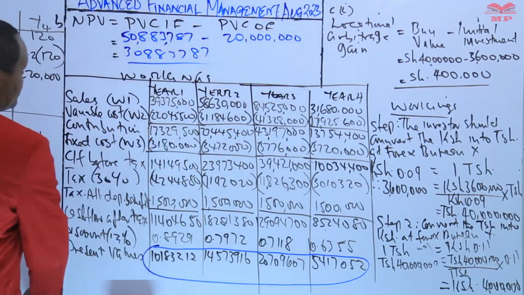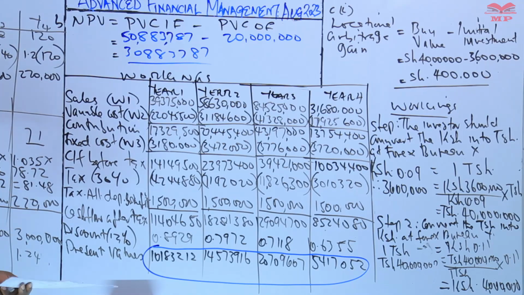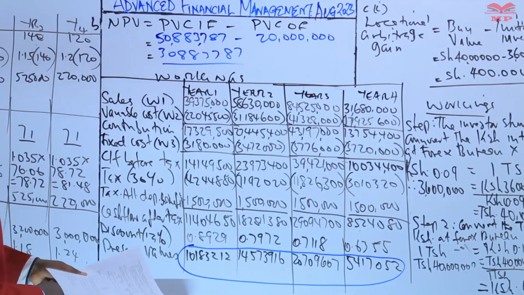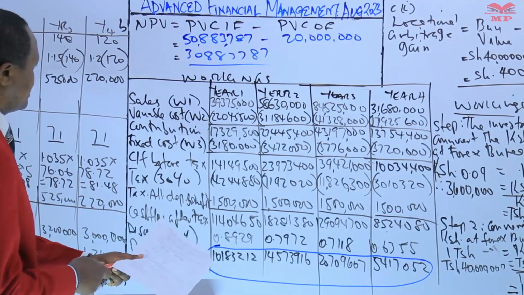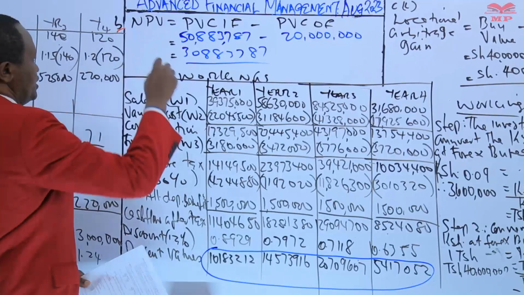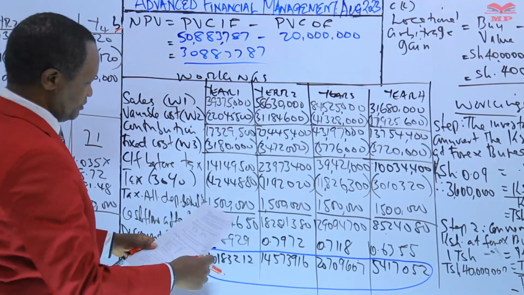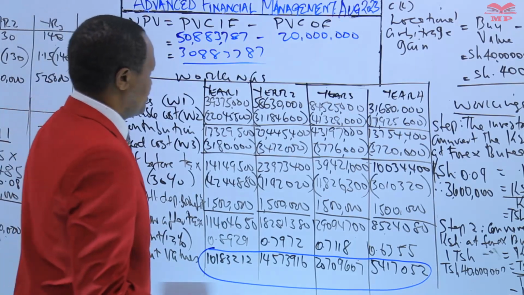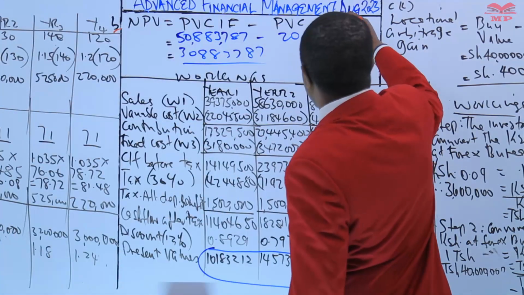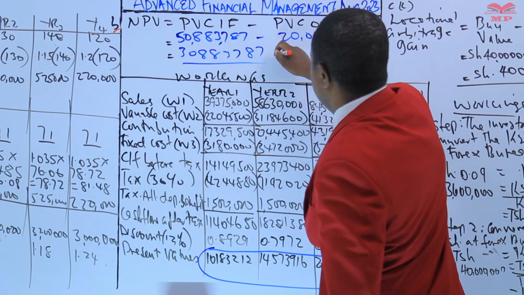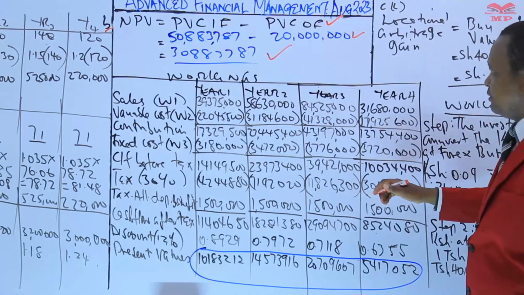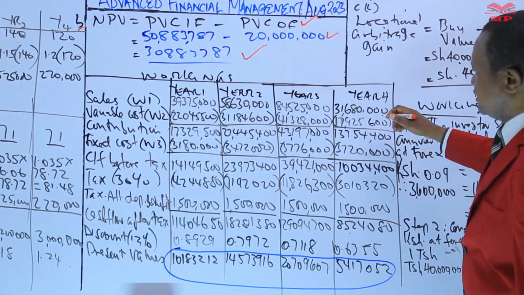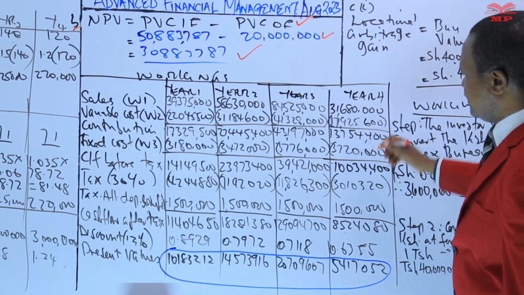We've done August 2023, question A, B, and C. This is part B. Earlier on, we had done part A. Part B, these are how many marks? 8 marks. This is the formula for part B, and this is the working for part B. You are to calculate the present values.